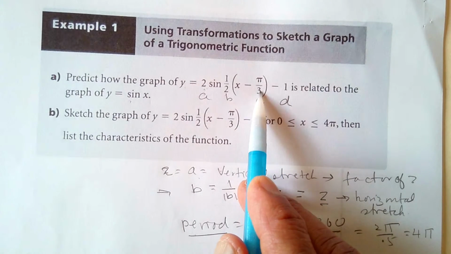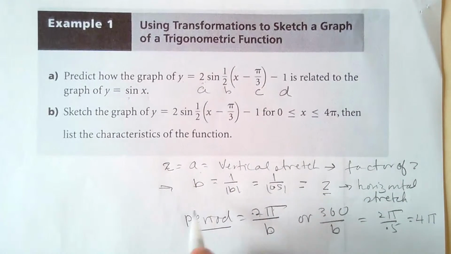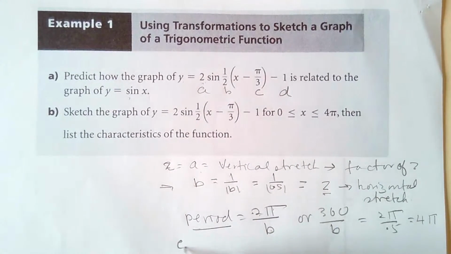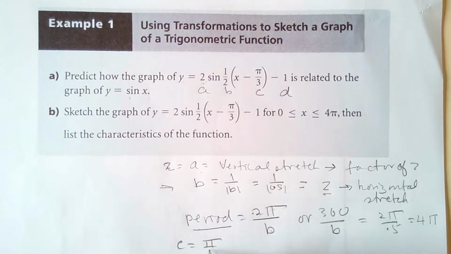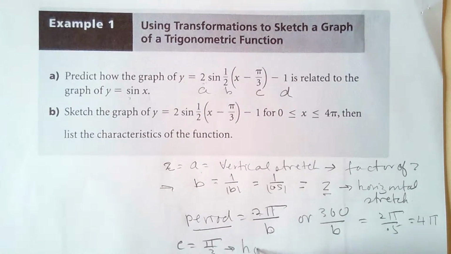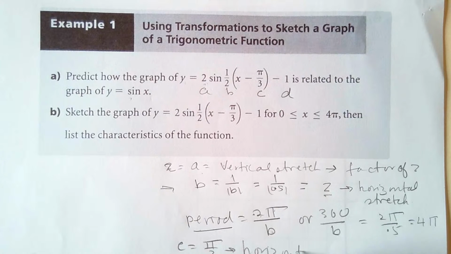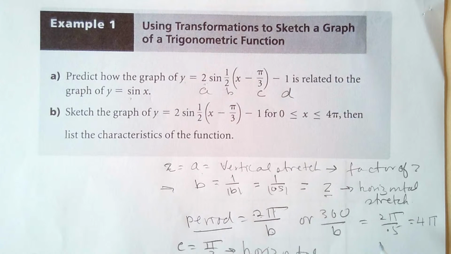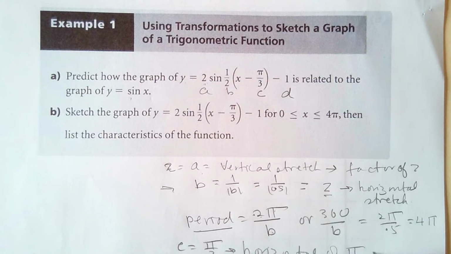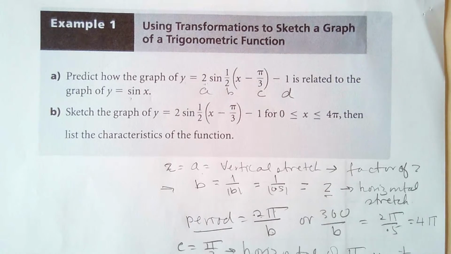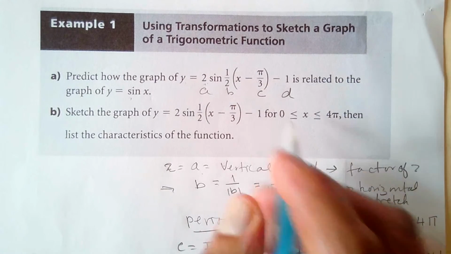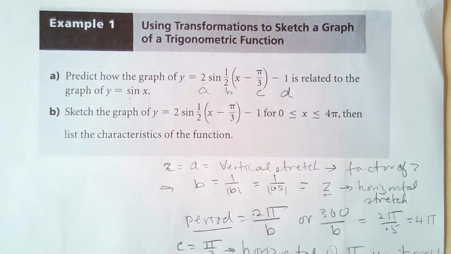Now we have a phase shift, or a horizontal translation. So the C is pi over 3: a horizontal translation, or phase shift, of pi over 3 units. And this goes to the right, because it's negative, it goes to the right.